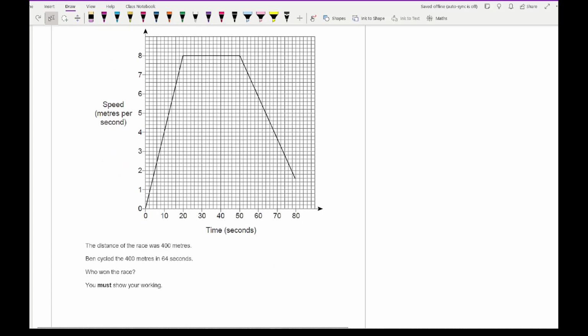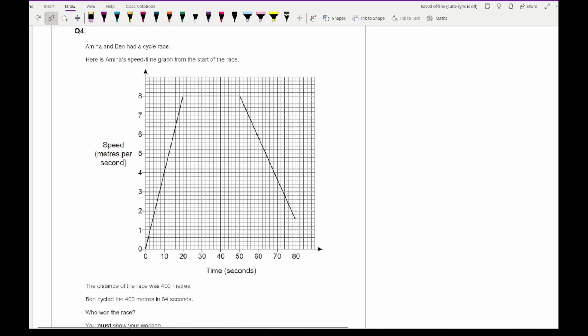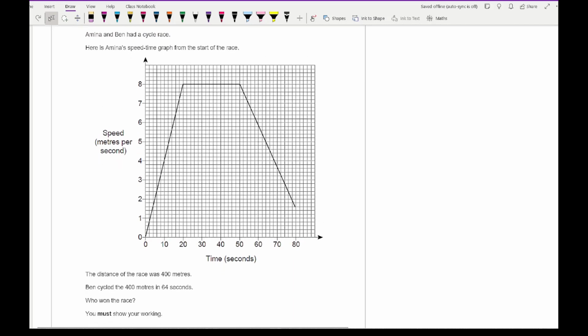So let's first of all just try and get this all onto one screen, which is going to prove a little bit difficult. There we go. So what we need to do is basically look at 64 seconds on Amina's graph, and see if we can work out how far Amina travelled in 64 seconds.